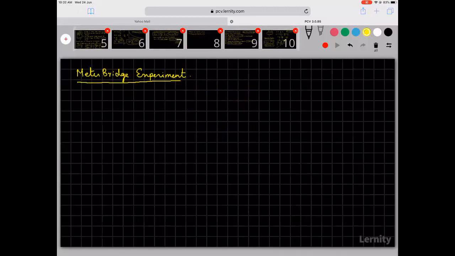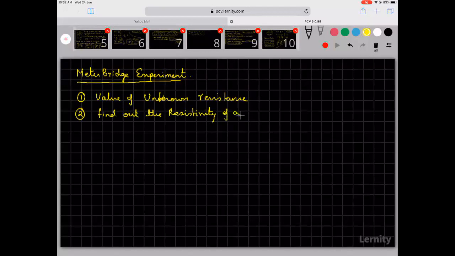So the meter bridge experiment is used, one, to find out the value of an unknown resistance, and second, to find out the resistivity of a wire. So these are the two practical uses. Suppose you have an unknown resistor, how do you find out the resistivity of the wire?